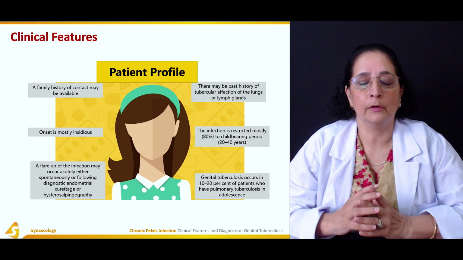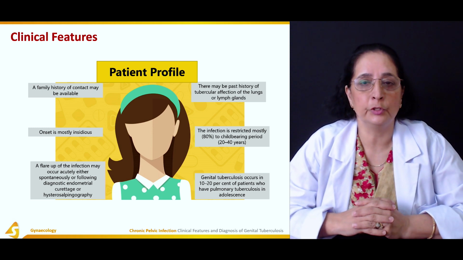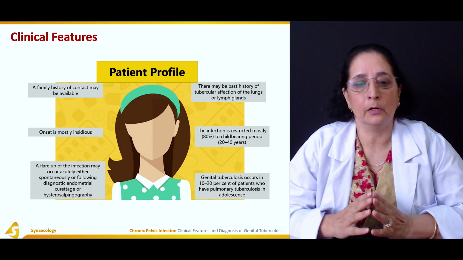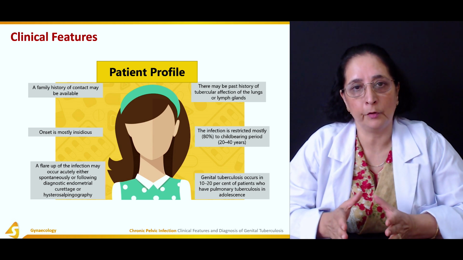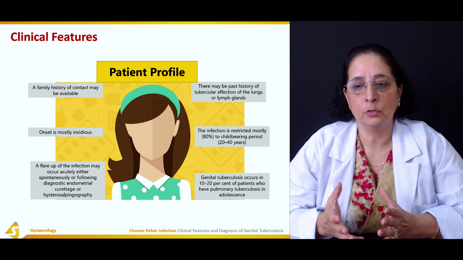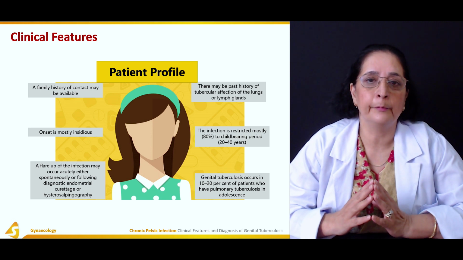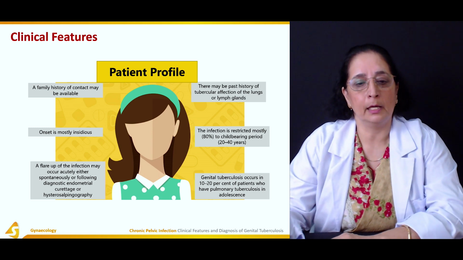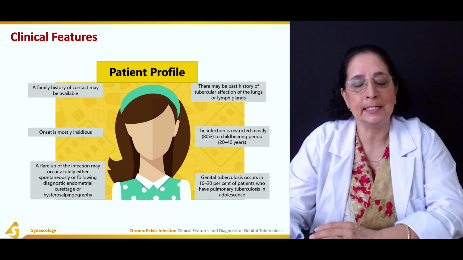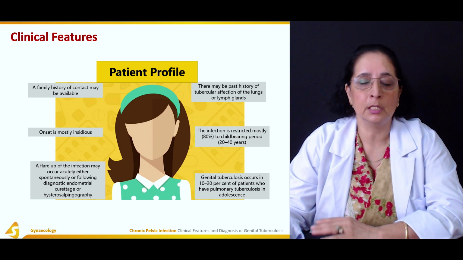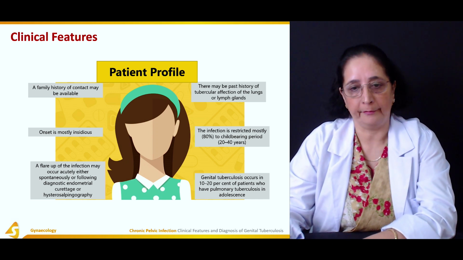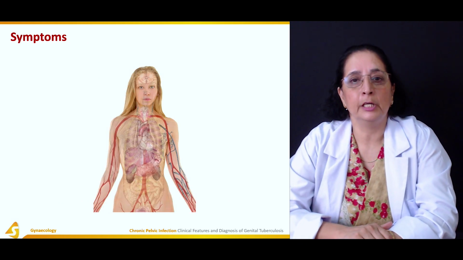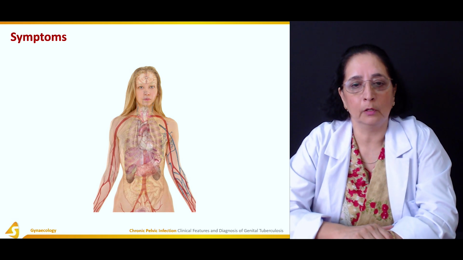The onset of genital tuberculosis is usually insidious, 80% of cases are in the reproductive age, about 10 to 20% of patients have a previous history of tuberculosis, and it can follow diagnostic D and C, dilation and curettage, or hysterosalpingography.